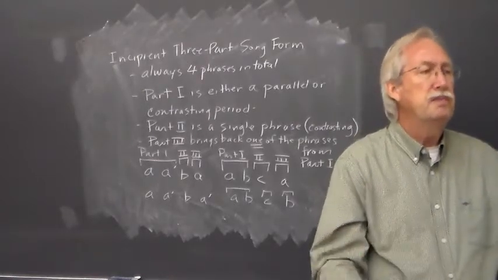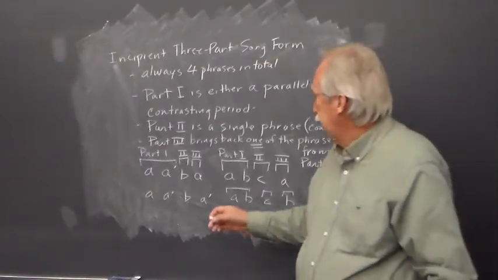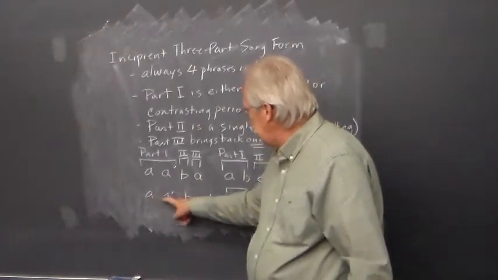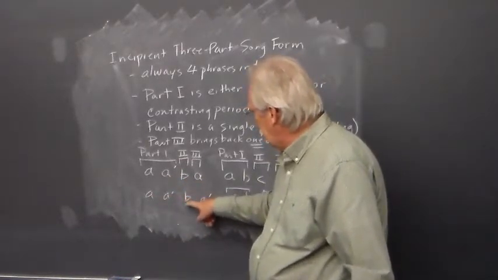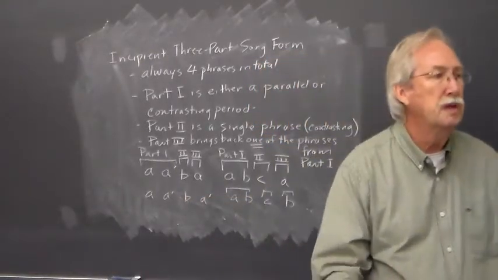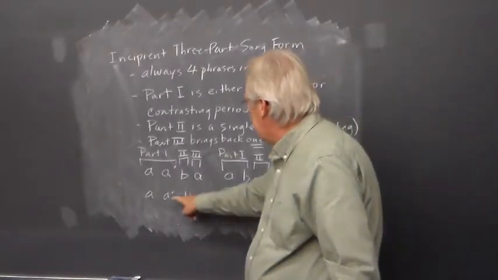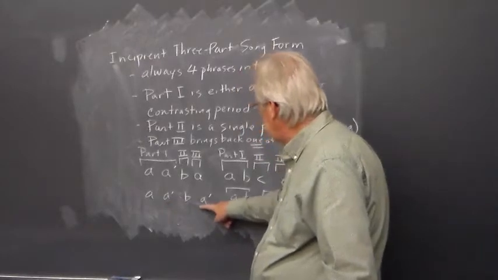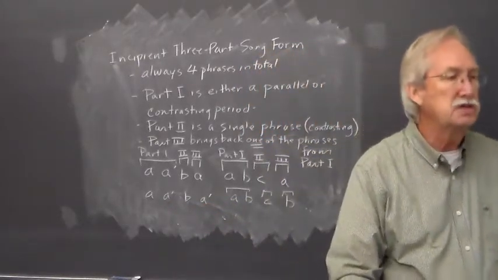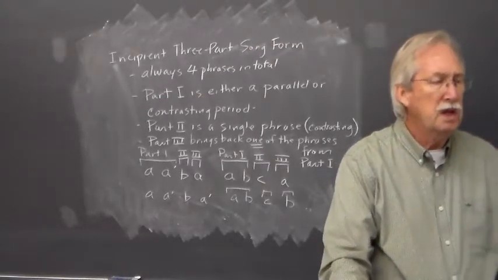Then the third phrase would be part two. So far we've had A, A prime, and then actually it's going to be exactly like this one right here, where you have a contrasting third phrase, so that starts right after the double bars. And then it brings back that second phrase, the one that has the authentic cadence, to conclude. And so that's an example of incipient three-part song form.